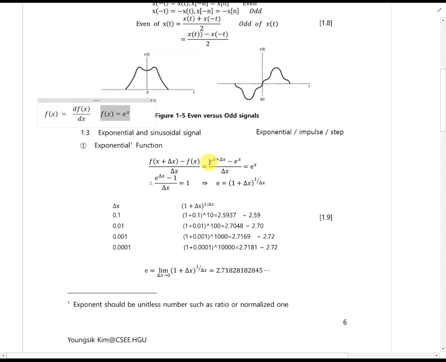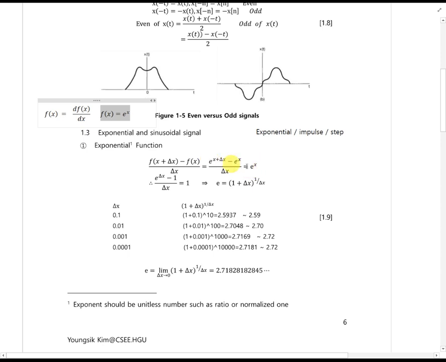Here e is not given, but there is some number e, and we take the exponent as x. So e to the power of x. So f(x plus delta x) is this one, f(x) is this one, and delta x is that one. By taking the limit as delta x goes to 0, it becomes f(x). Then this is satisfied.